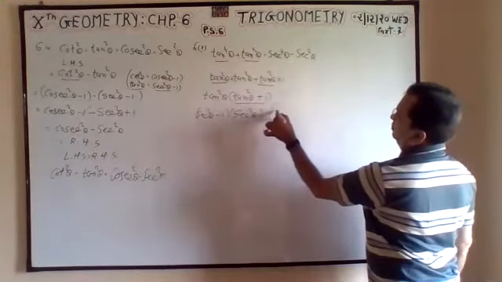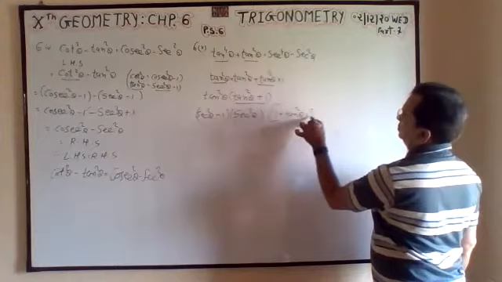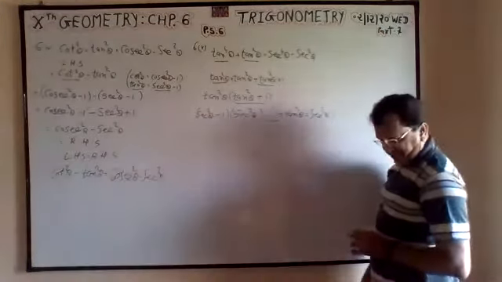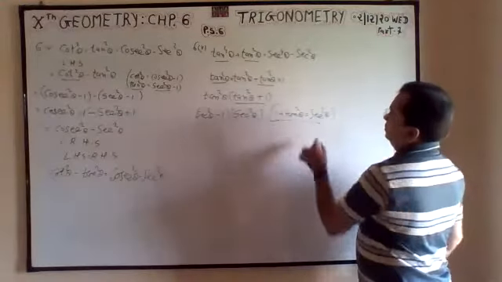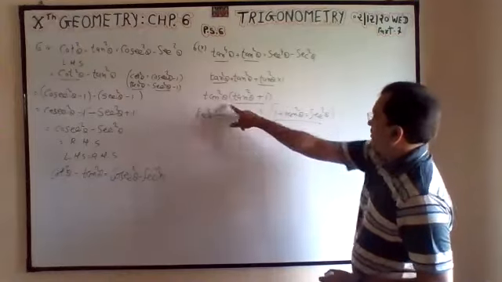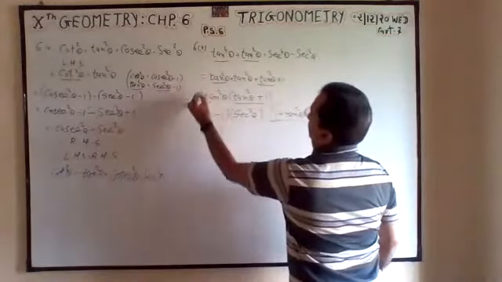Which formula I have used? 1 plus tan square theta is equal to sec square theta. Remember that. Tan square plus 1 is equal to sec square I have written, and tan square is equal to sec square minus 1 I have written. Now open the bracket.